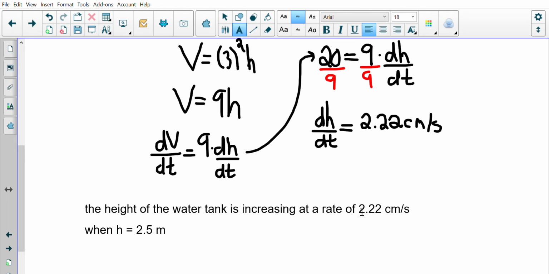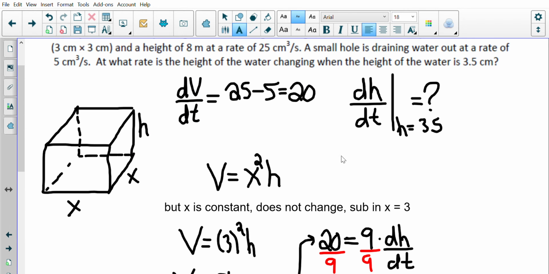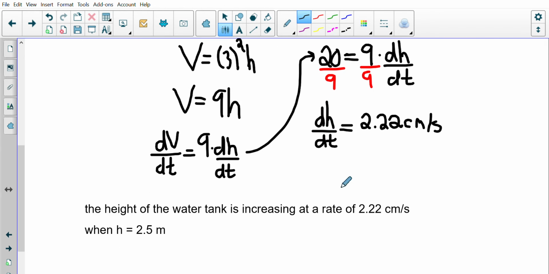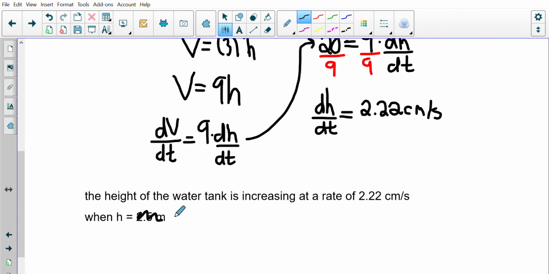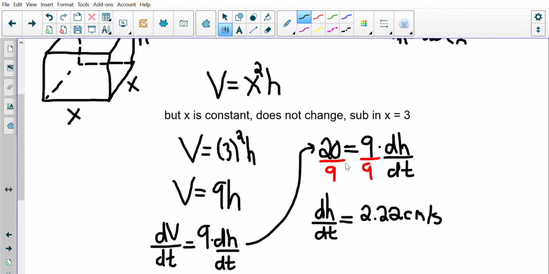Now hopefully a few of you have wondered, hey, we didn't use that 2.5 meters, right? We're looking for dh/dt when h equals, what do I got there? Oh, 3.5 centimeters. Whoops. Maybe I was thinking of the last example. 3.5 centimeters.